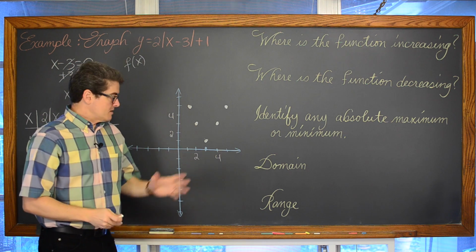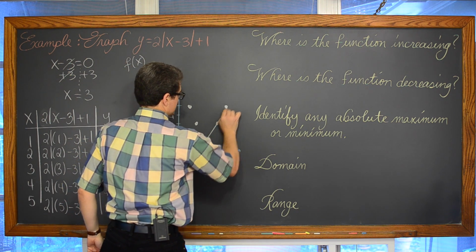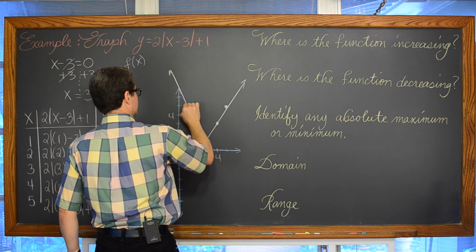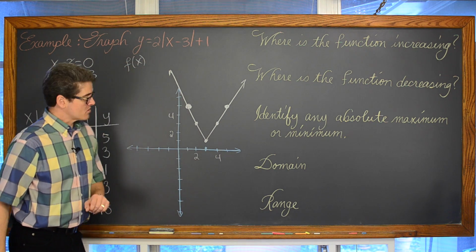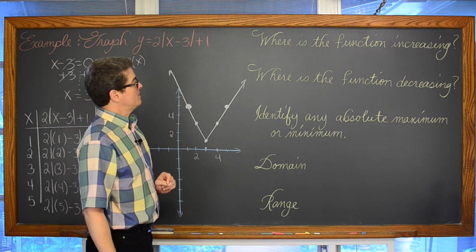And thus, these graphs are going to be made up of straight line segments where there's some kind of sharp bend at, in this case, the x-coordinate of 3, because 3 is what makes the inside expression equal to 0.